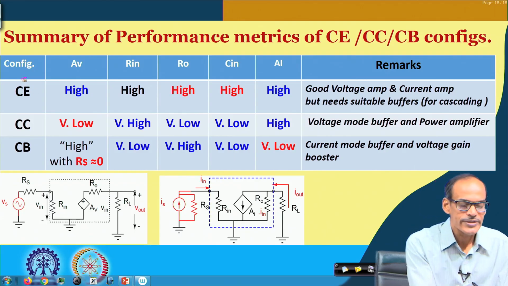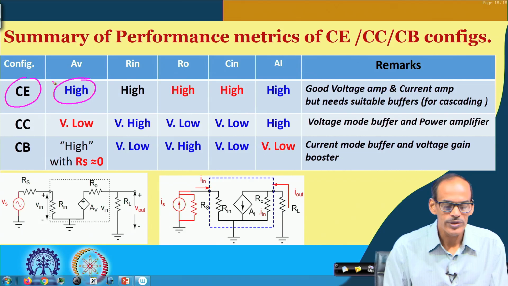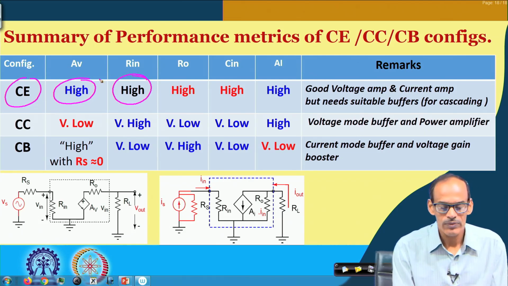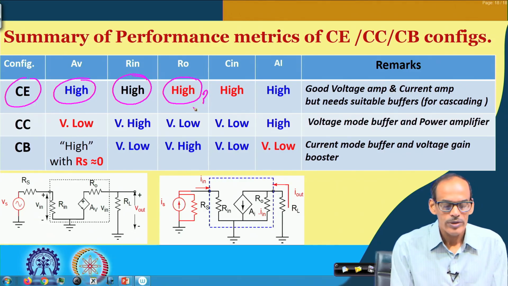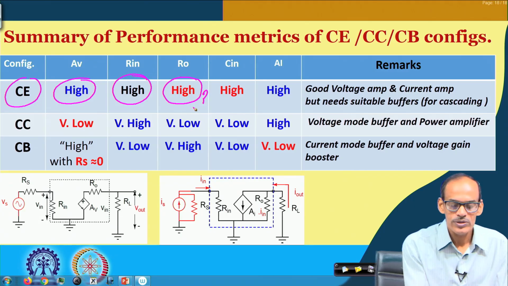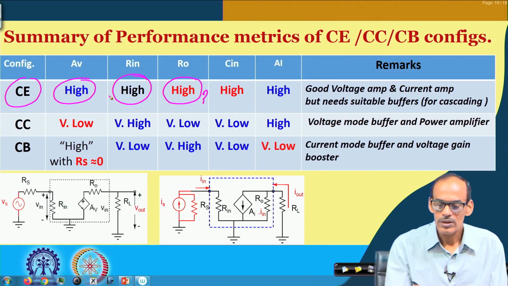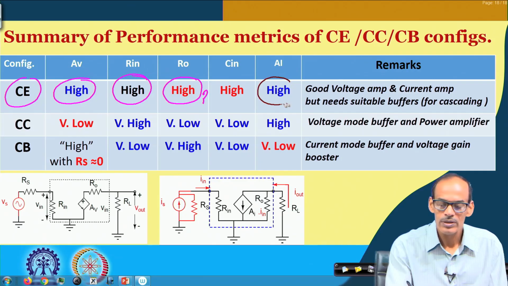So, we do have the CE amplifier, it is having good gain, input resistance is high, these two are in favor, but because of this one it is a question mark. On the other hand, this is for voltage mode operation. Then if you want to use this as a current amplifier, this is good.